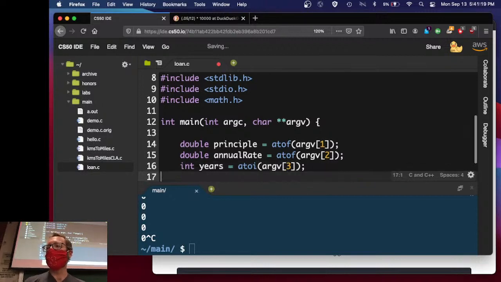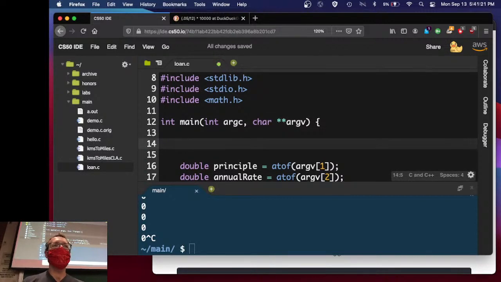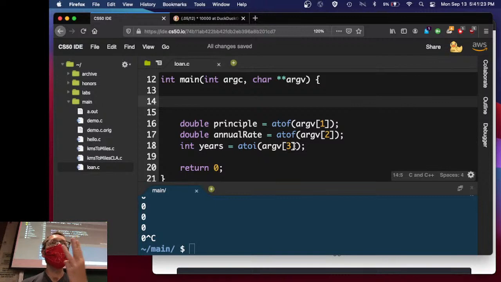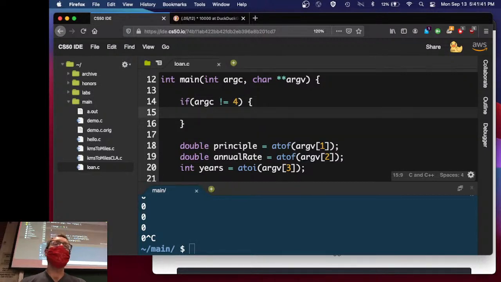There we go. Now let's do some basic error checking. We're expecting 3 command line arguments from the user, plus argv sub 0, which is the executable file name. So let's go ahead and expect 4 command line arguments. If argc is not equal to 4, then we will print an error message and quit on them because they didn't provide us enough data for us to actually work here.